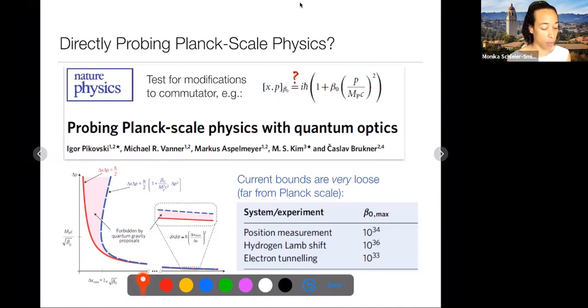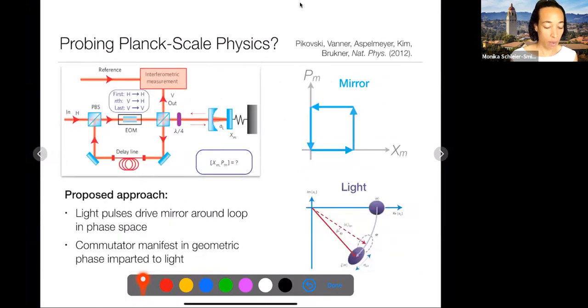uncertainty relation between position and momentum. And so roughly the concept here is, if you had a massive system that you could displace around, let's say, some loop in phase space, here a loop in position and momentum, and you could do this with some ancillary system, which is light, then what you would like to do is some interferometric measurement that allows you to measure the geometric phase associated with undergoing this loop in phase space, which depends on the commutator.